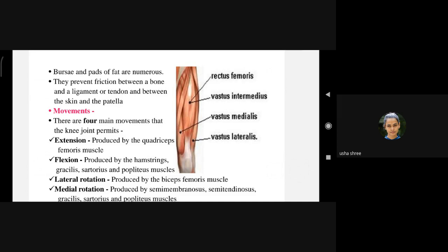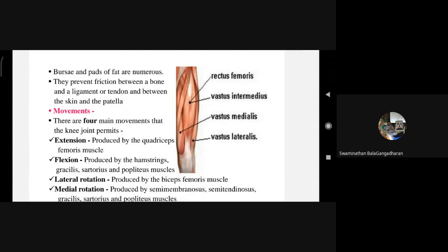Means flexion and extension. Are these terms clear to you? Or did you people know these terms earlier? Yes, ma'am. Extension means when we extend.